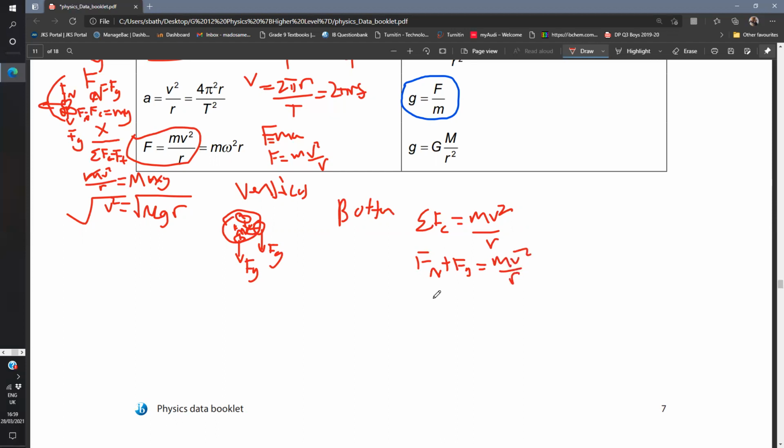So Fn equals mv squared over r plus, sorry, this is a minus because it's opposite Fn. They're going to be opposite way, so that's how we do it. And if you want to further expand this and take m as a common factor, v squared over r plus g.